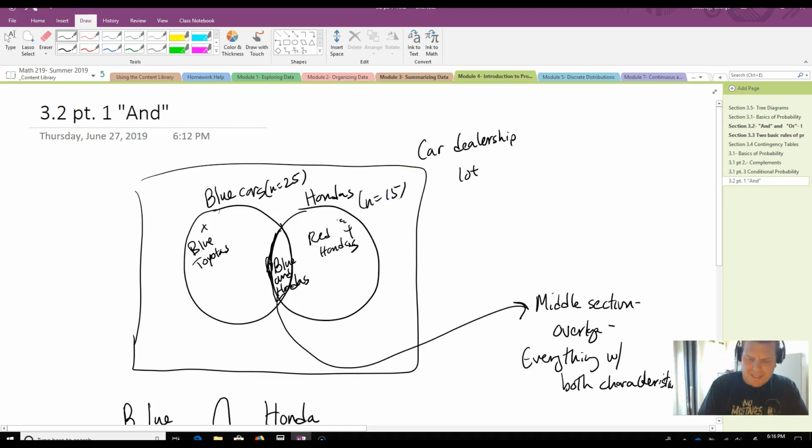And let's say in here that we have n equals 7 blue Hondas. And the total number of cars is 70.